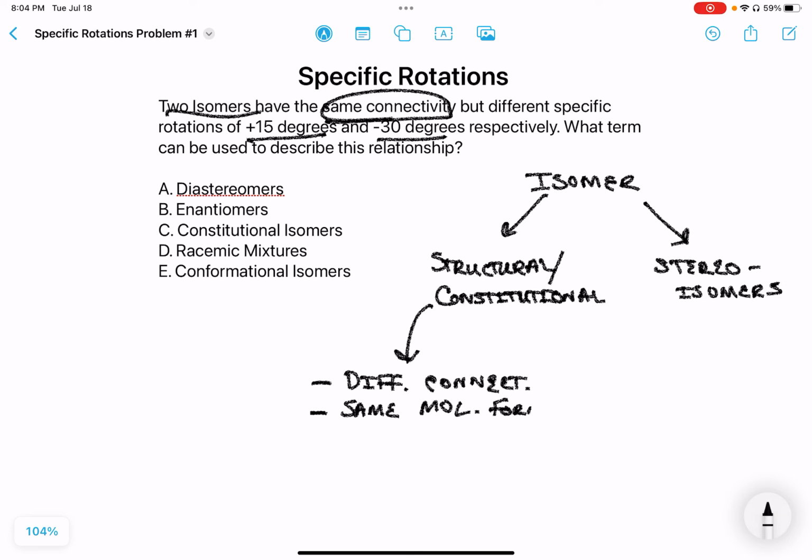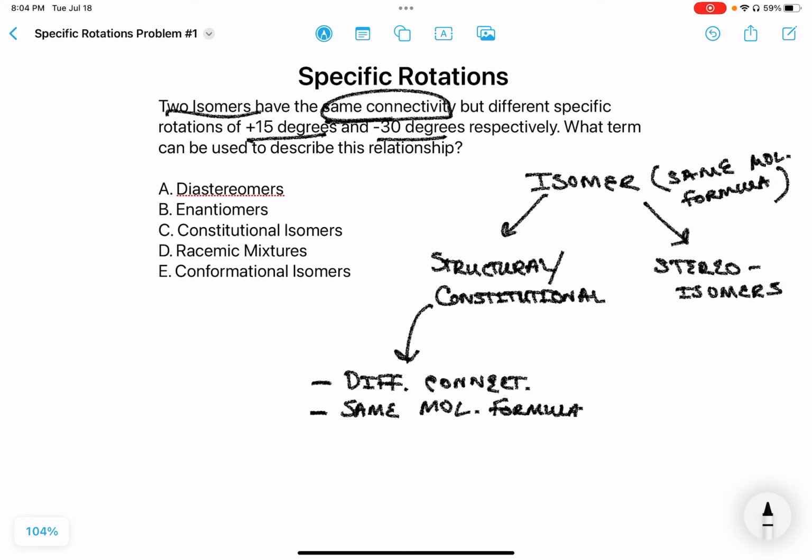So the term isomer means same molecular formula. And again, it was broken down into constitutional isomers or stereoisomers. Constitutional isomers have different connectivity.